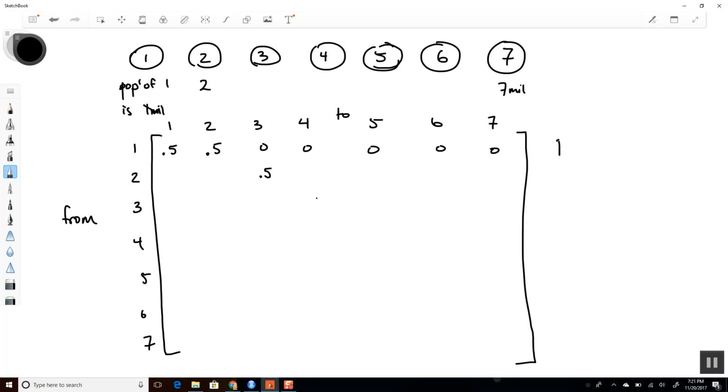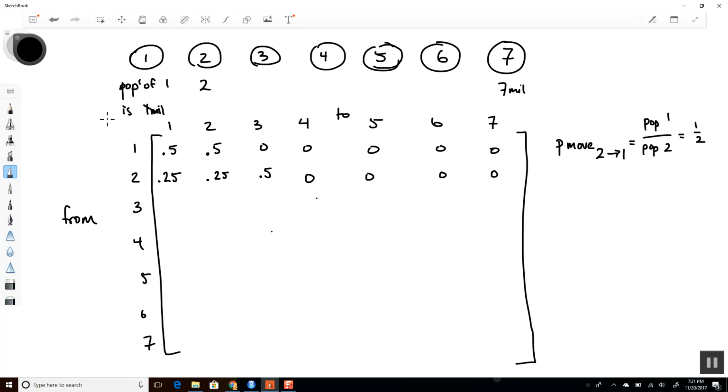The probability of moving from island 2 to island 1 is equal to the population of island 1 divided by the population of island 2, which is 1/2. So the probability of going to island 1 is 0.5 times 0.5, which is 0.25, and that means the stay-put probability is also 0.25. Everywhere else, the probability is 0.